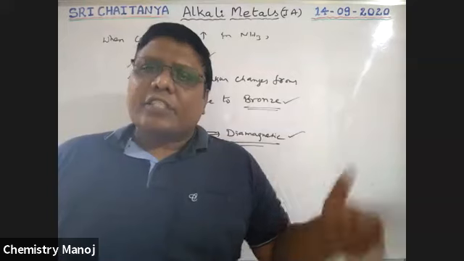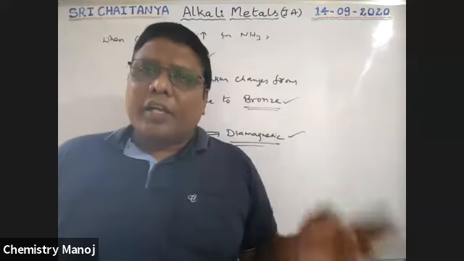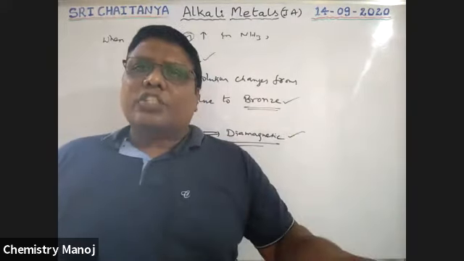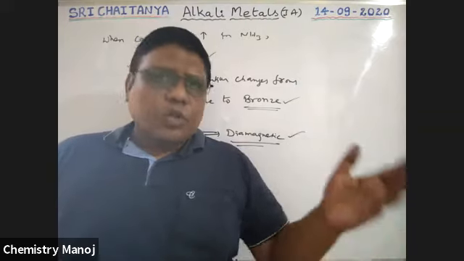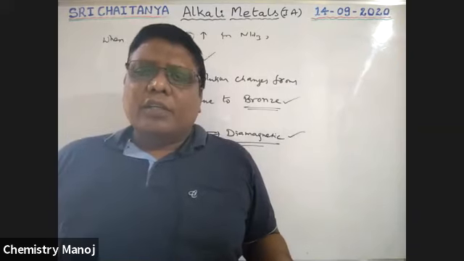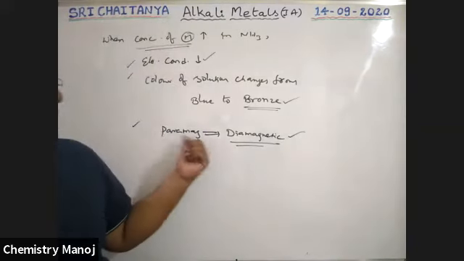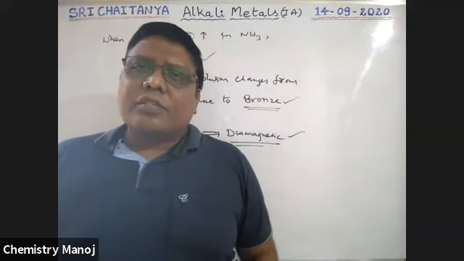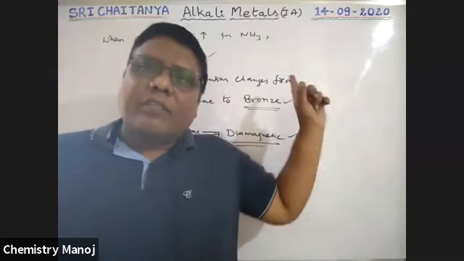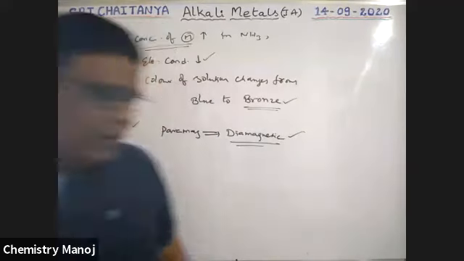But as the concentration of metal increases, the color changes to bronze and conductivity decreases to a minimum at 0.05 M, boys. Finally it changes to diamagnetic. These are very, very important points, guys.